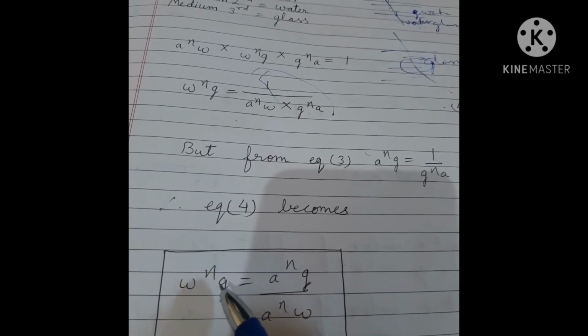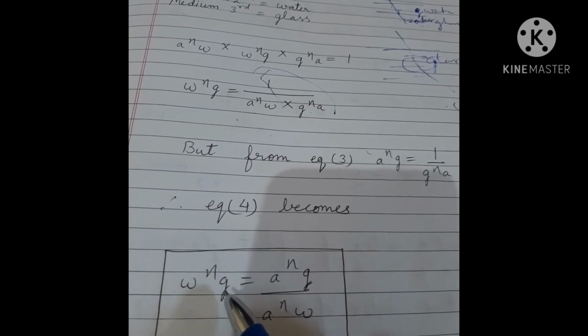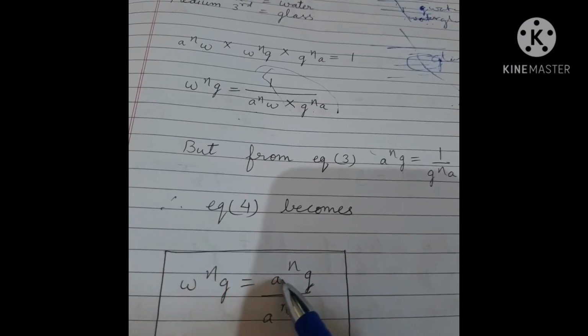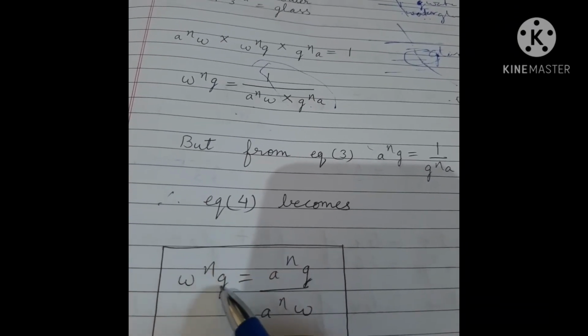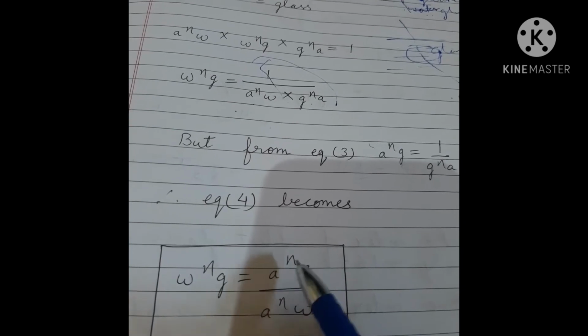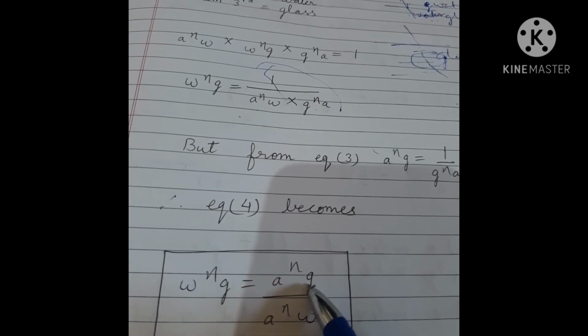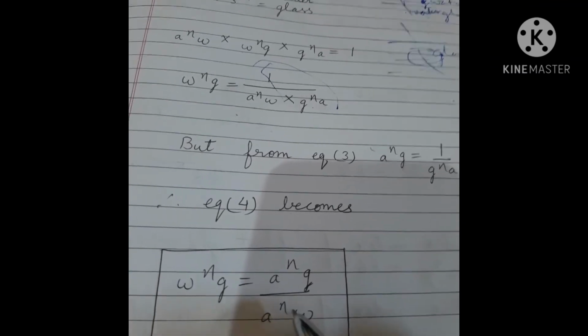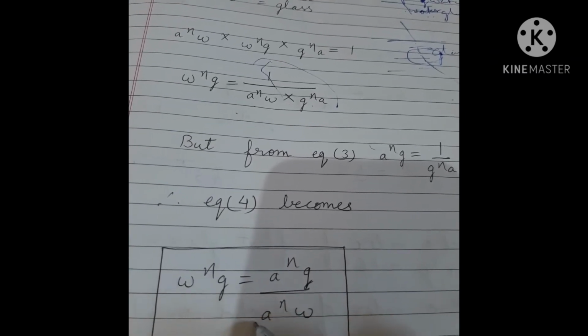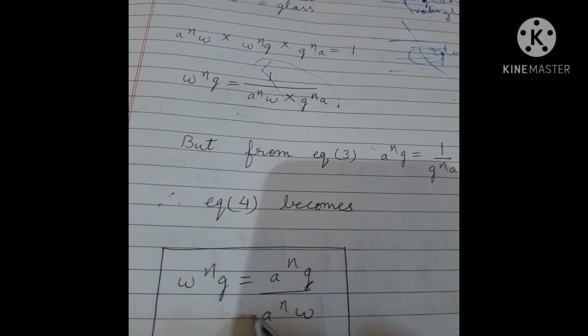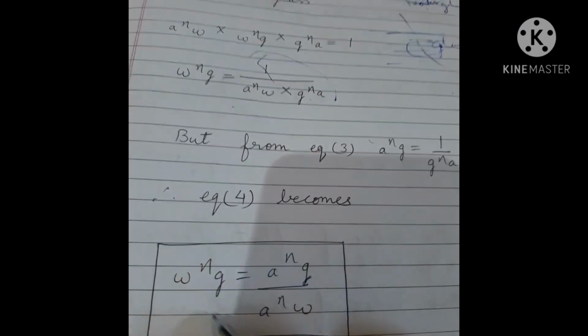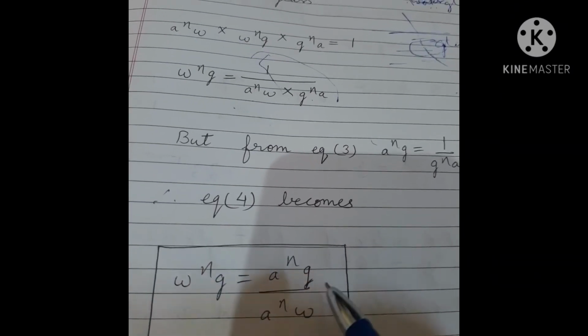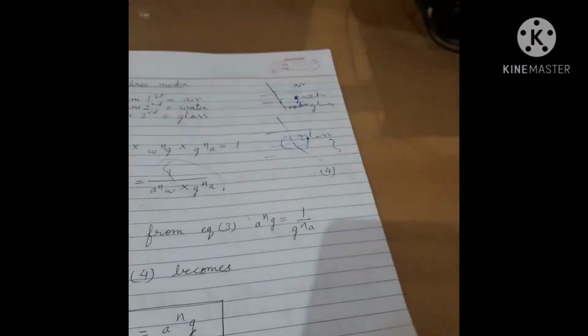If you have to calculate with 2 media, glass and water, first on the top you write the refractive index of glass, the second medium, with respect to air. At the bottom, the first medium, refractive index of water with respect to air. Both will be with respect to air. I have told you this so you know how to learn this formula.